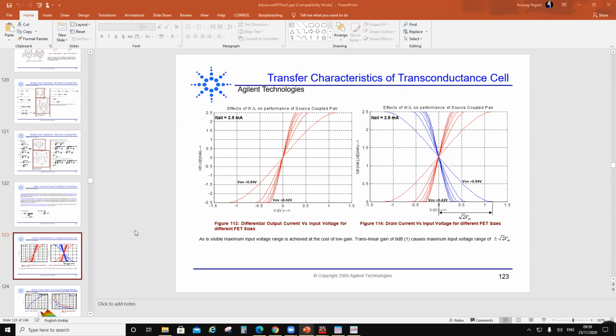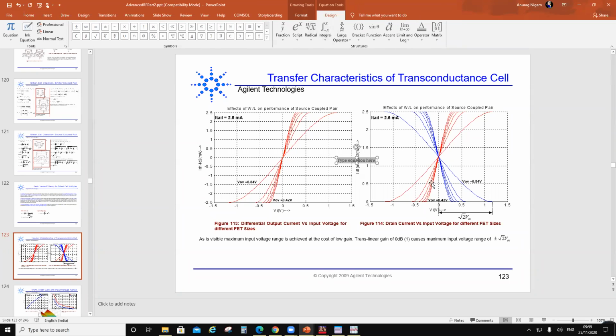So I can write it over here in the insert equation. Basically, input range, so overdrive. I'll write V overdrive.